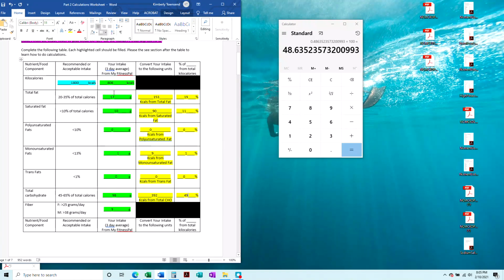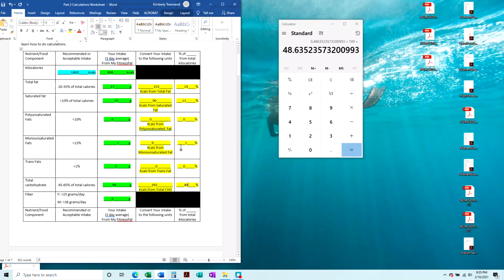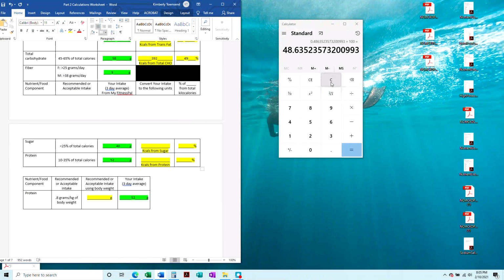Now we're going to have to remember 806 is your total kilocalories here for this one. So I'm going to scroll down and do these last couple of ones. So again, sugar is a carbohydrate as well. So it's going to be 40 times 4, that will give me my 160 here.